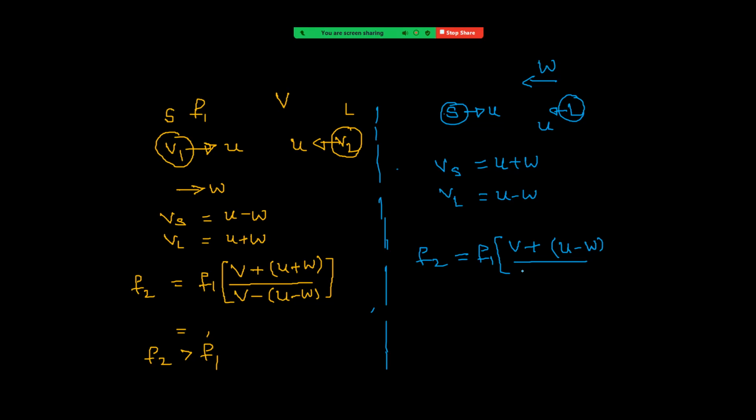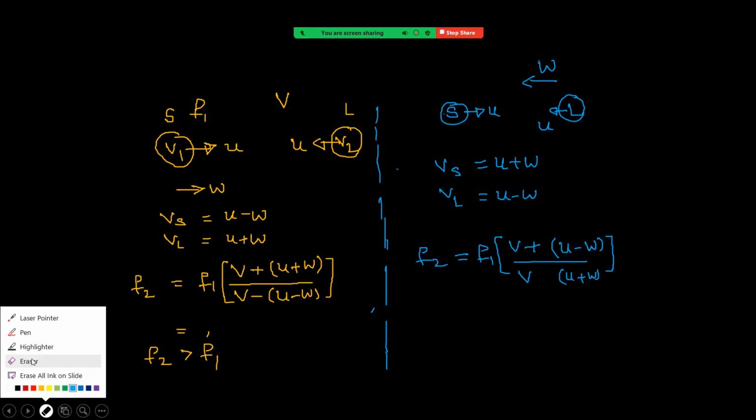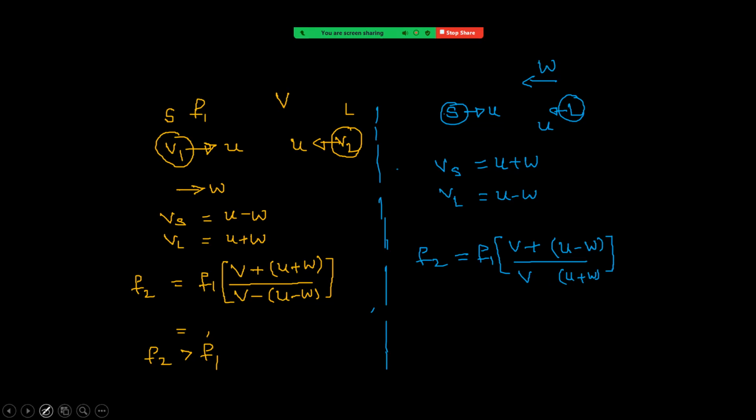And next, the source moves towards the listener, so it is v plus u plus w. Wait, here I have to make a small correction. This is not plus.